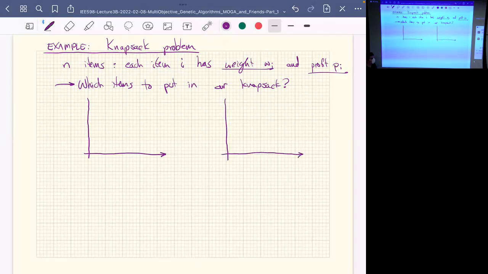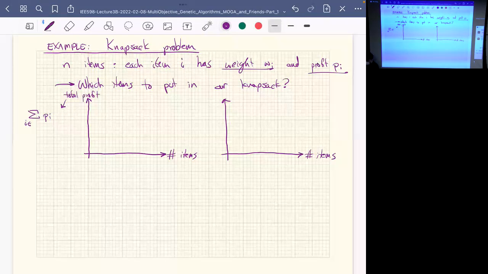Now, if we were to think about it here, we could plot out, the suspense, right? I draw two axes and you're like, well, what's he gonna put there? What's gonna be on this axis or that axis? I can say I've got a number of items, but I can plot out, let's say, the total profit on this axis, which is just the sum of all the p_i for all of the items in my knapsack.